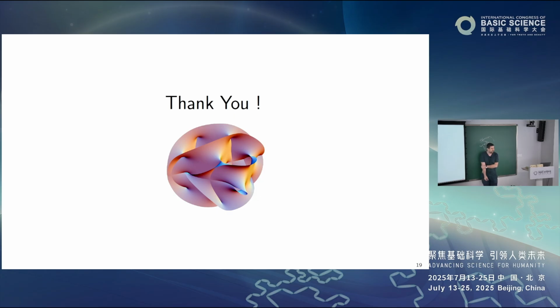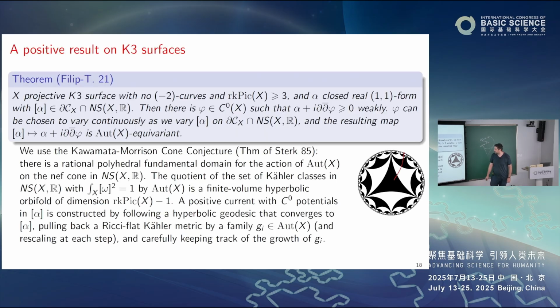So on the last slide of your talk, why would you need the rank of the Picard group to be bigger or equal than 3? Yeah, there are two technical problems with that. The one is about you want this automorphism group to be commensurable to a lattice. So up to finite kernel and cokernel, there should be a lattice. So this is a group theoretic property which only holds in that case.